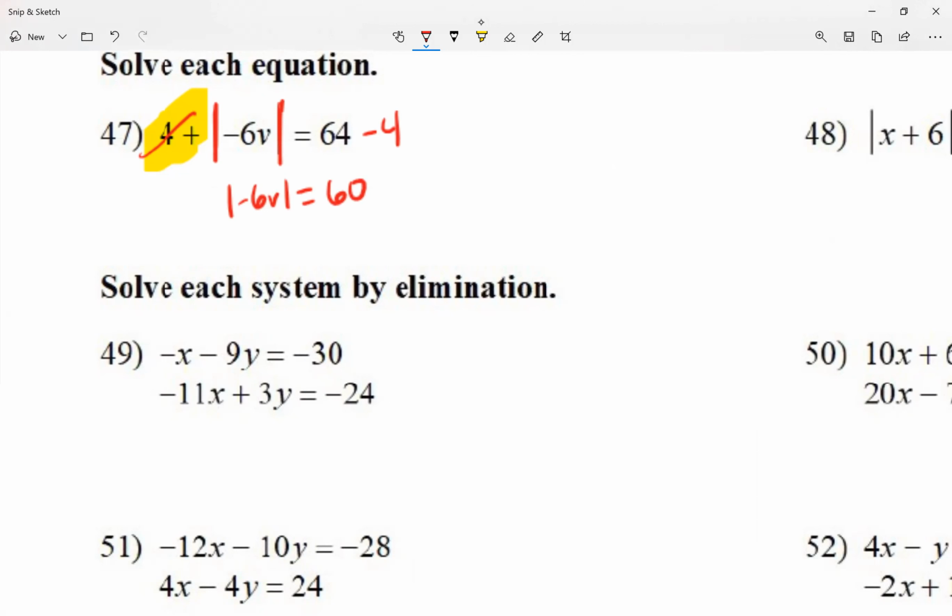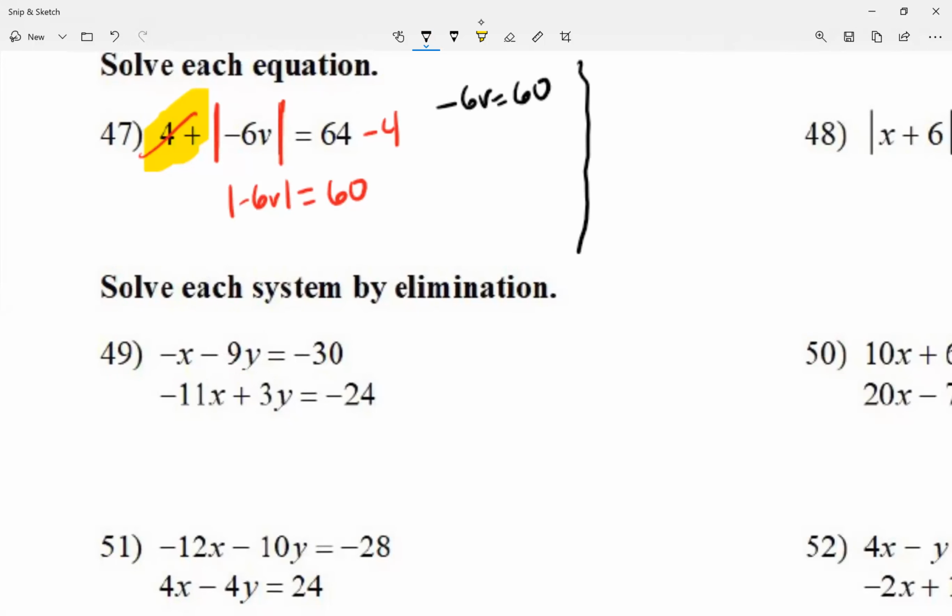Now that I have the absolute value by itself, I'm going to split this into two different questions. My first question is going to be -6v is equal to 60. Notice I just copied the question without the absolute value lines.